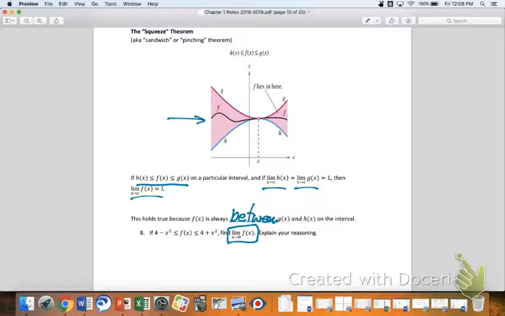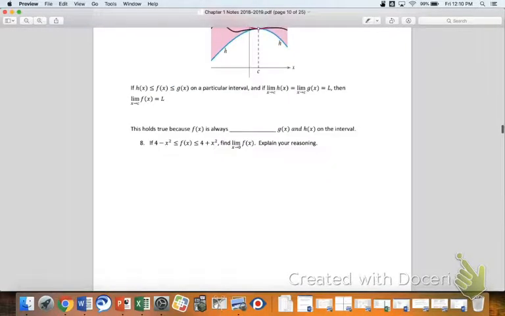The good news is we do have this other information, the fact that f of x is between those other two graphs. So, with that in mind, can anybody tell me what 4 minus x squared looks like on a graph? Any takers? y equals 4 minus x squared?